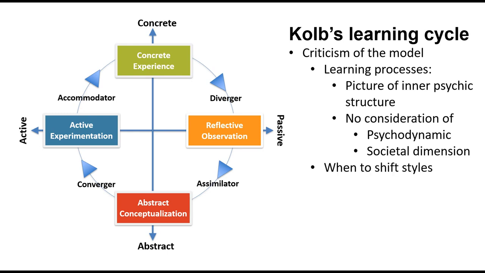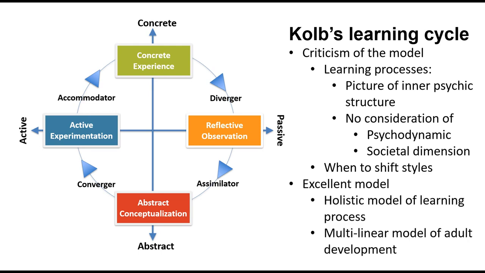There is no hint about when to shift between the different learning styles and the difficulties in shifting. Still, the model is excellent. It provides a holistic model of the learning process and is a multilinear model of adult development, both of which are consistent with what we know about how we naturally learn, grow, and develop.